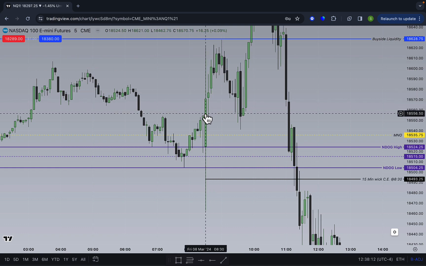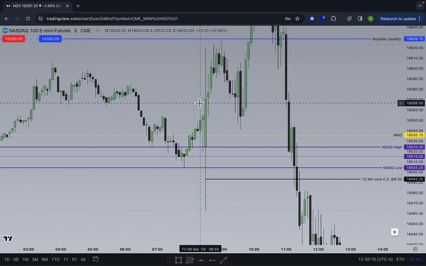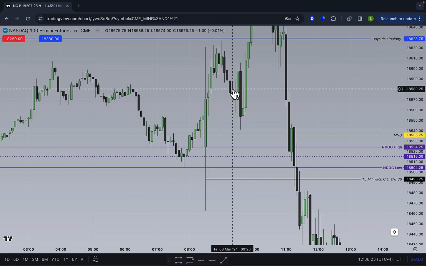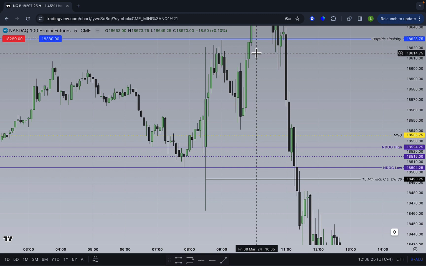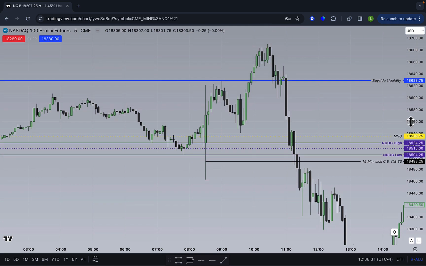Typically, it's a two-stage, 1-2. They run one side of the marketplace, take the liquidity, then they run the other, and then typically it'll consolidate or move kind of sideways, and then it'll run again, and then essentially at that point, the market makers are running it where they want to, and it's your job to figure out which side of the marketplace that is.